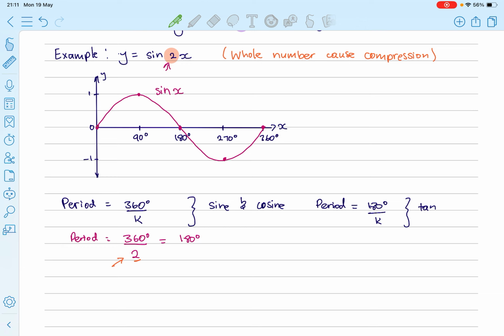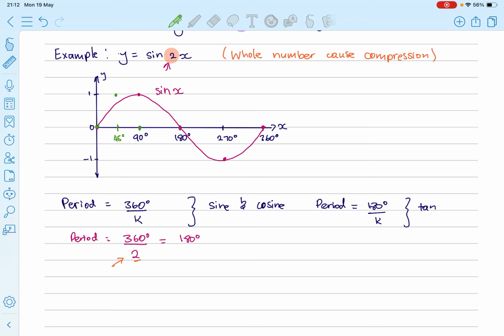That means 0 remains at 0, but 90, when you divide 90 by 2, you get 45. So this maximum over here is going to shift to 45, which is somewhere here. So that's 45 degrees. So the new maximum is there. And then another critical point was 180. So when you divide that by 2, you get 90. So that means this critical point has now shifted here.